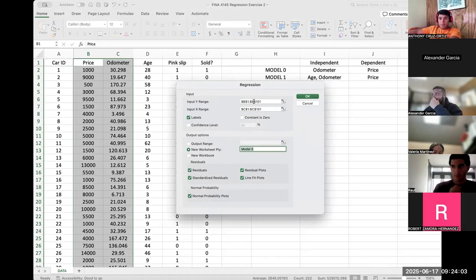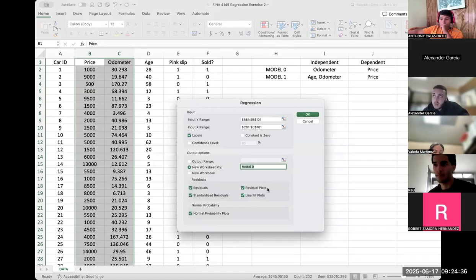Okay, so my input range for Y is going to be first, B1 to B101, and C is going to be odometer here. I'm going to include the label so it has the headings, price and odometer. And I want the results to go into a new tab called Model 0.